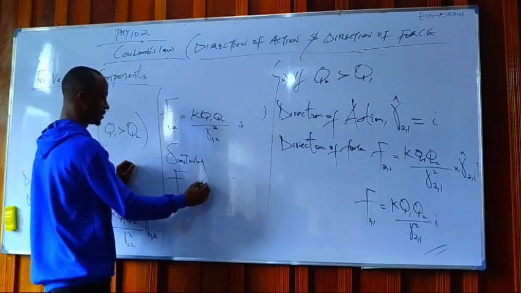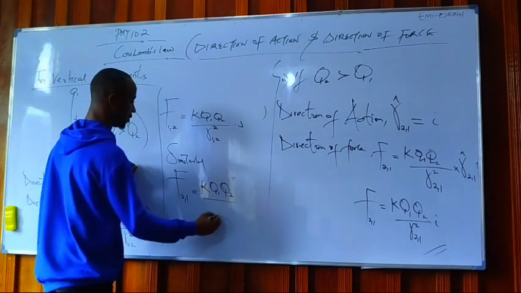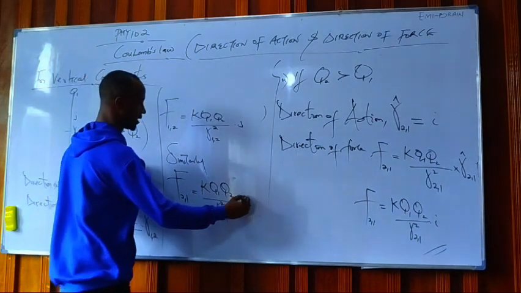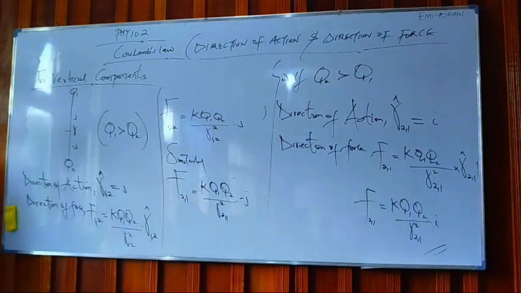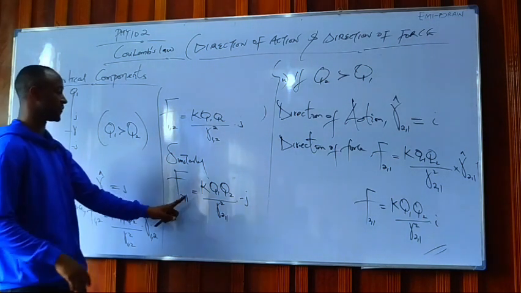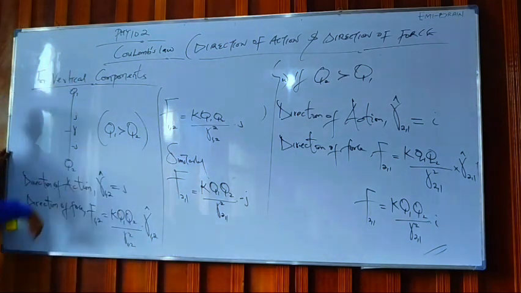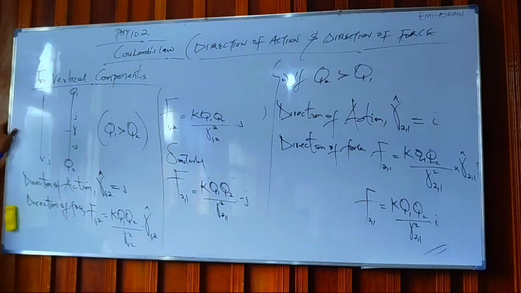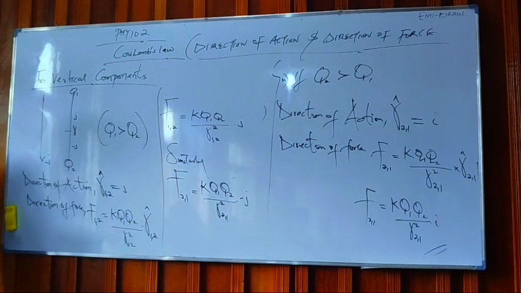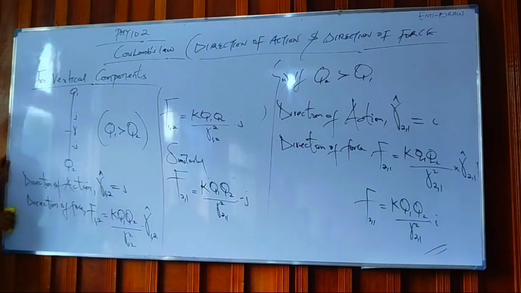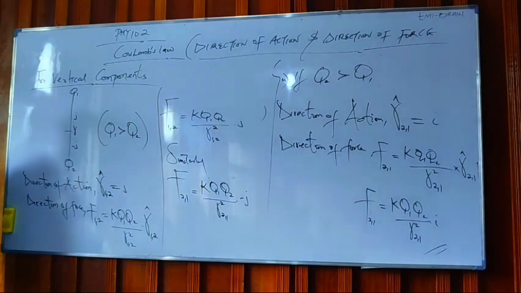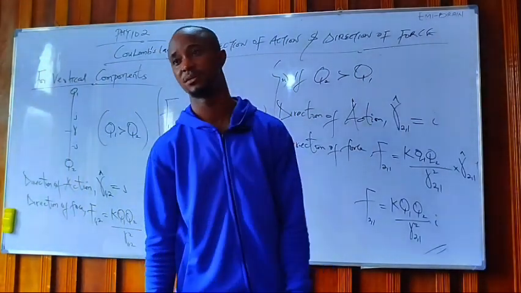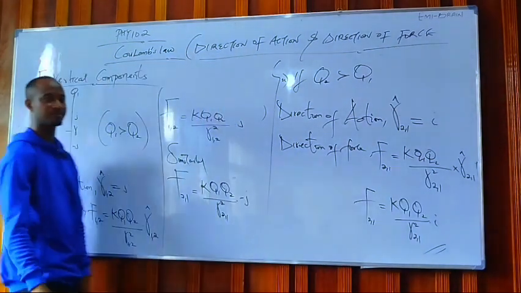K Q1 Q2 over R squared times minus J. Hope you are aware it's minus J for F21, that means for 1 to 2, towards negative J, negative Y axis. Are you there? I hope you are aware that in vectors, your I represents your X axis, J represents your Y axis, while your K represents your Z component.